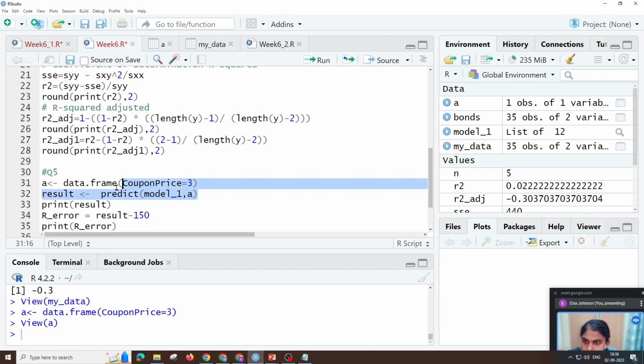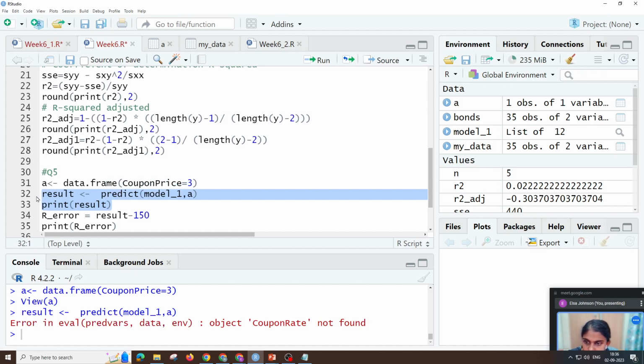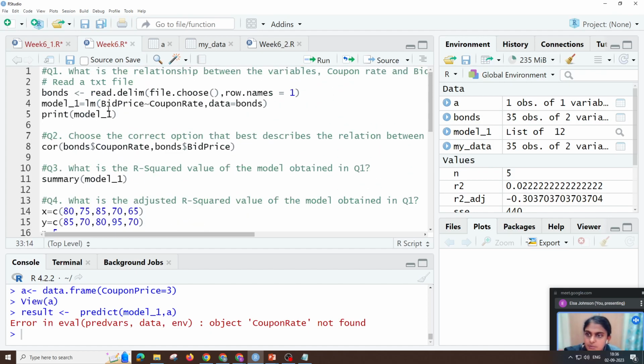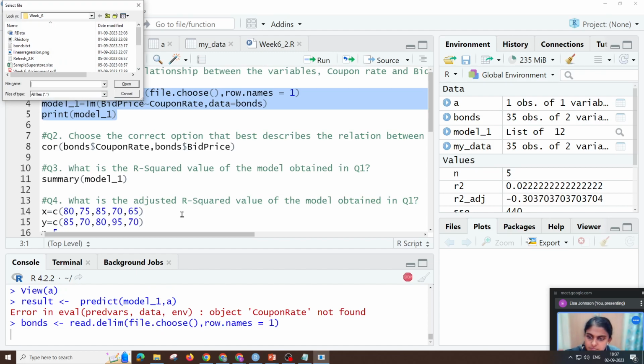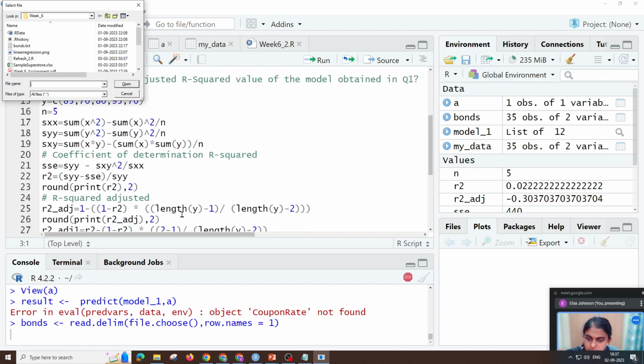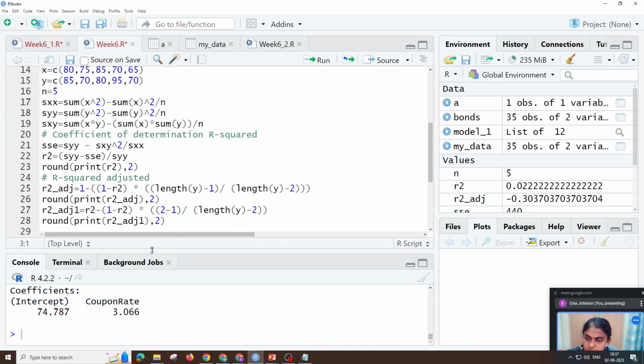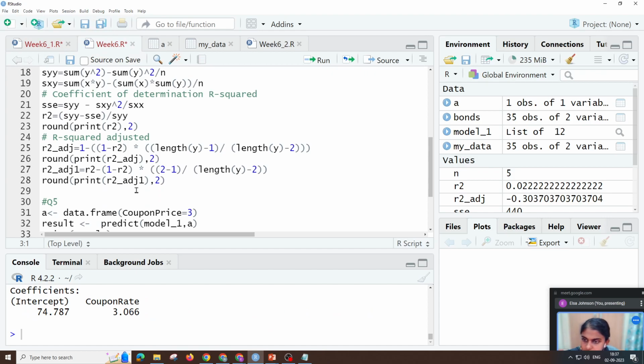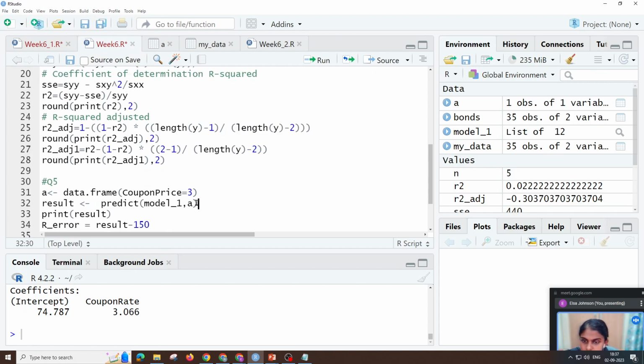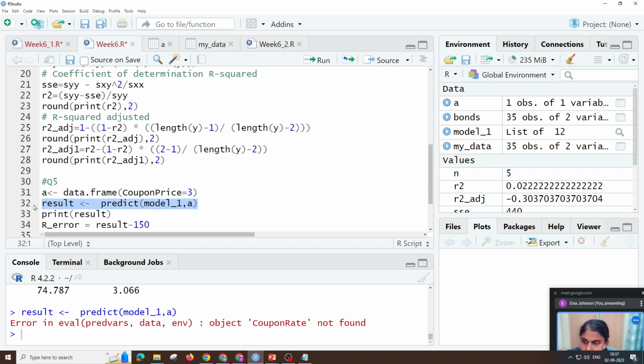So the result we have to give like this, model.1. Okay, there is a problem there.